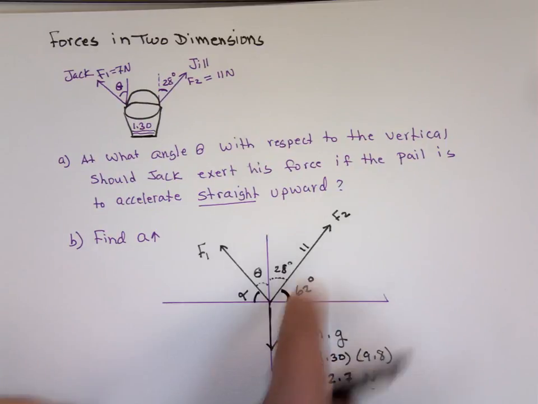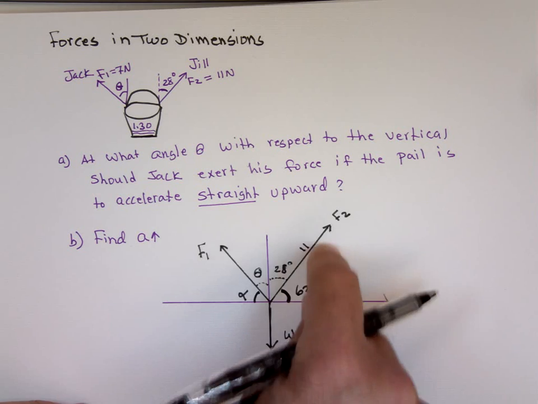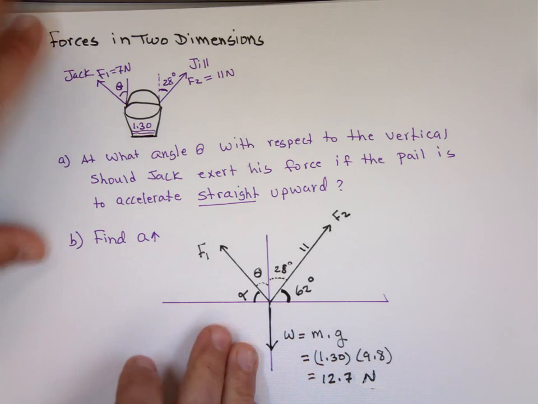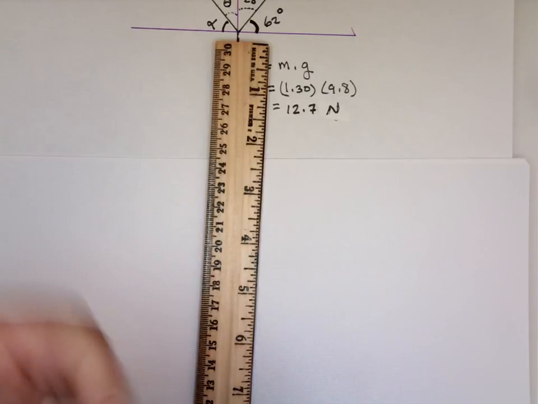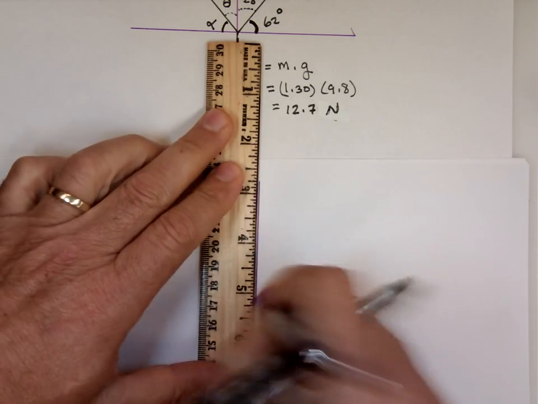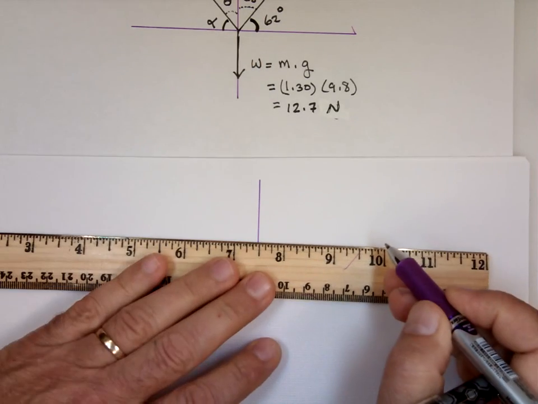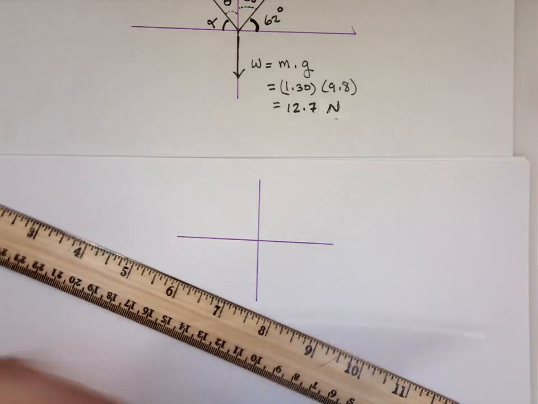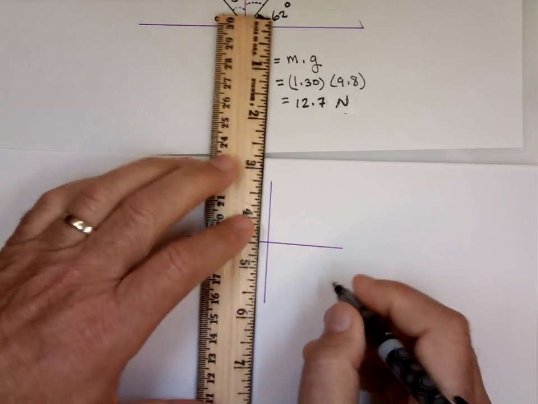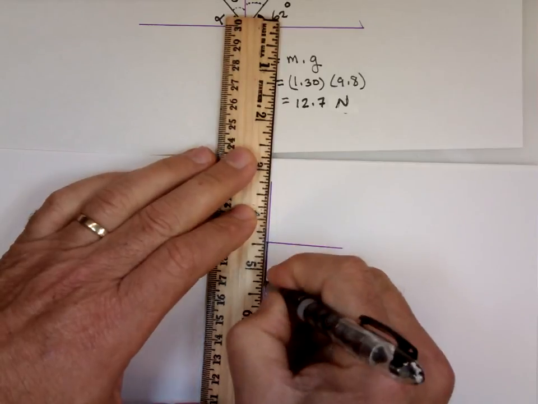So now let's take each vector and break it down to x and y components. Here's my free body diagram. We have the weight down, 12.7 Newton.